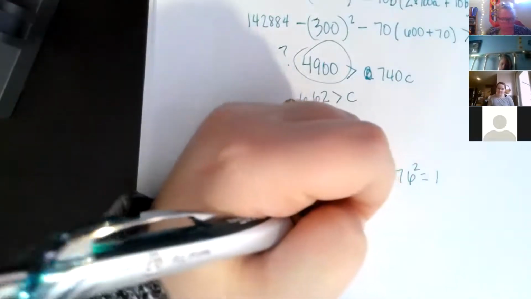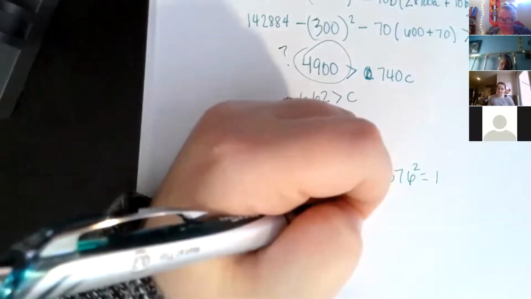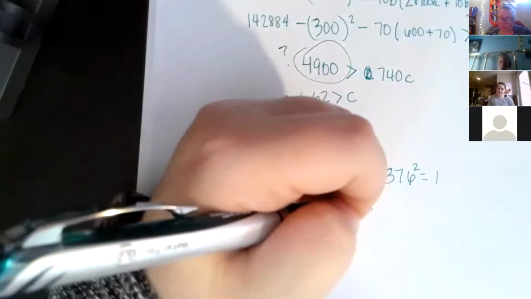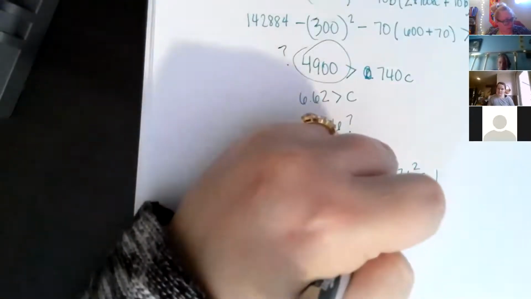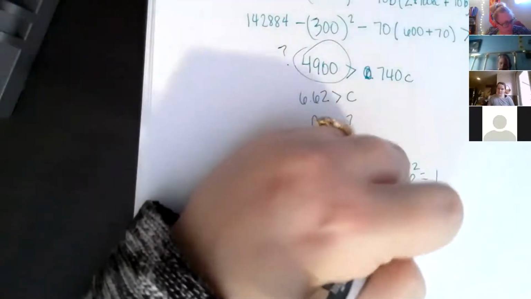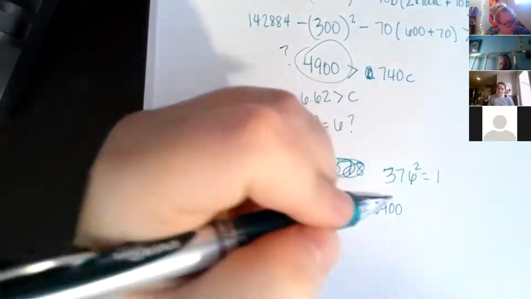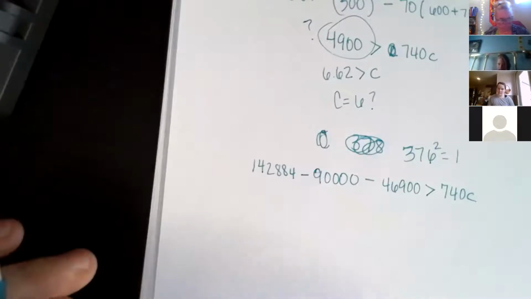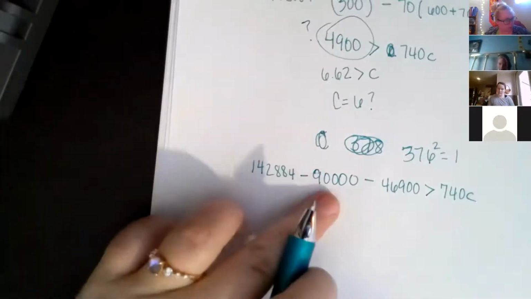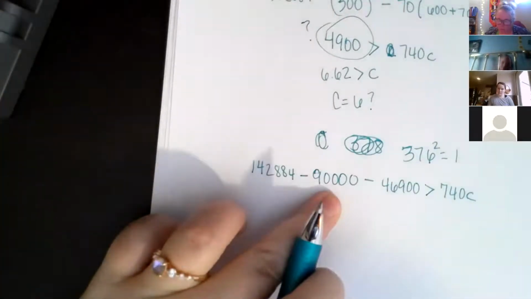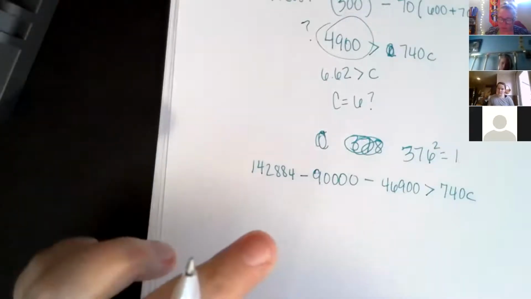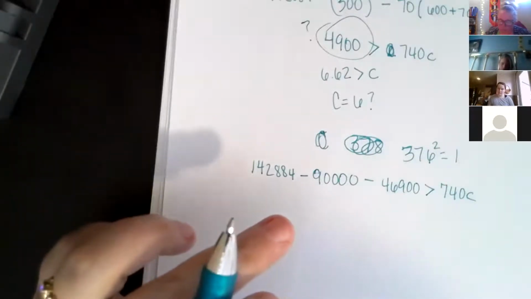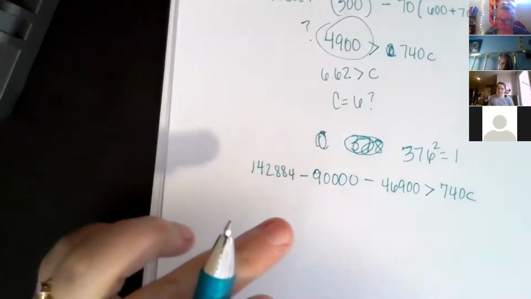And then 670 times 70. Maybe we mistyped something. Make sure I put in the right number of zeros. 1, 2, 3. Okay. Minus 4, 6, 9, and then 2 zeros.